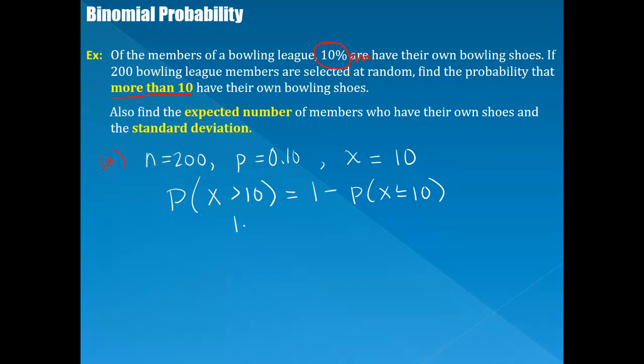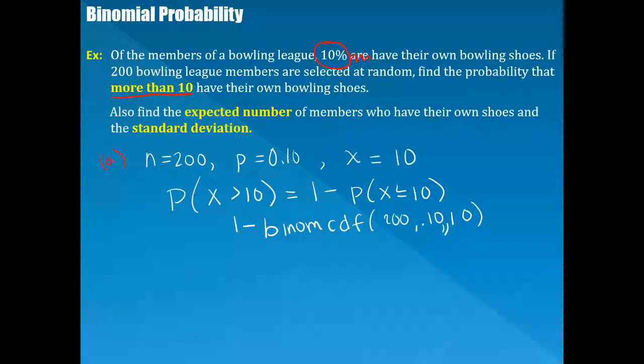So in my calculator, I want to go ahead and think about this and say 1 minus binomial CDF, right? You're not just finding 1, you're finding that and less, right? For this right here, 200, 0.10, 10. In my calculator, I'm going to do it on my handheld calculator. 1 minus binomial CDF is 200, 0.1, 10.